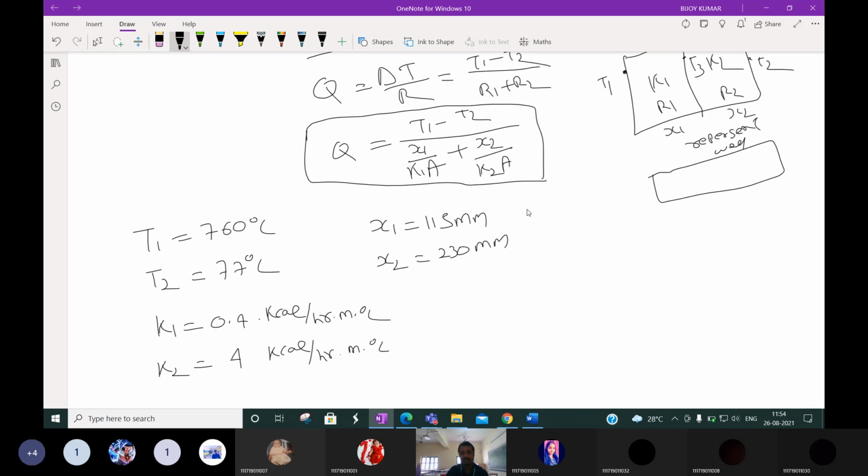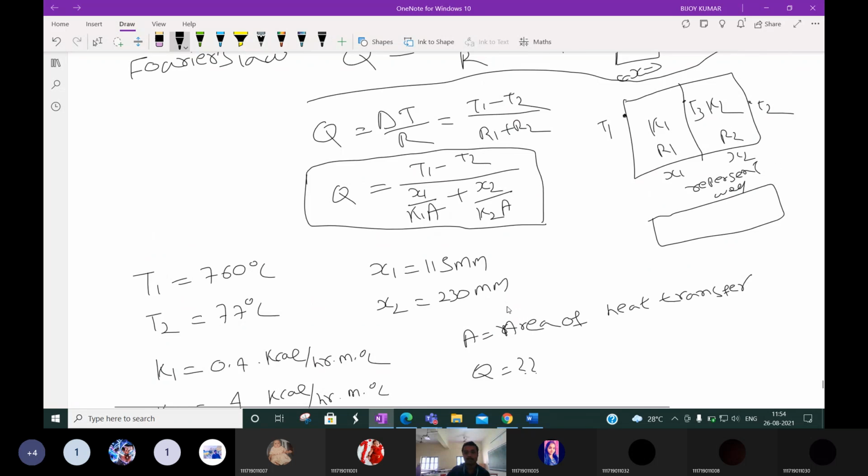These are the data given in the question paper. What data is not given? Area, sir. Okay, very good. So area is not given. A means the area of heat transfer. Q you have to calculate in the first question.